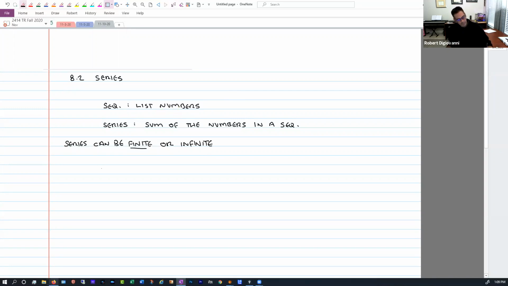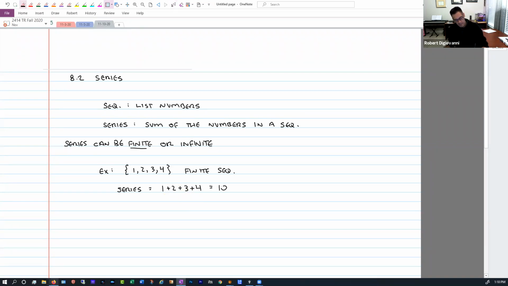So for example, if I were to give us this sequence, 1, 2, 3, 4, that is a finite sequence, right? Then the series that corresponds to that sequence would be 1 plus 2 plus 3 plus 4, and that would be a finite series because it's a finite number of additions. So what would that be?